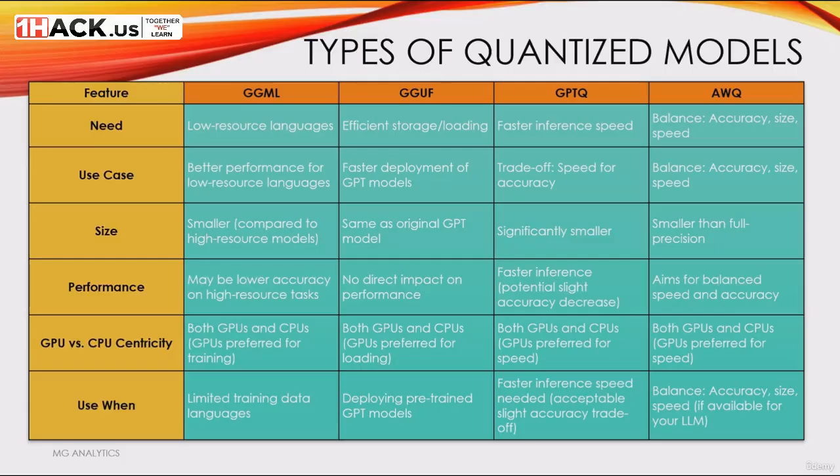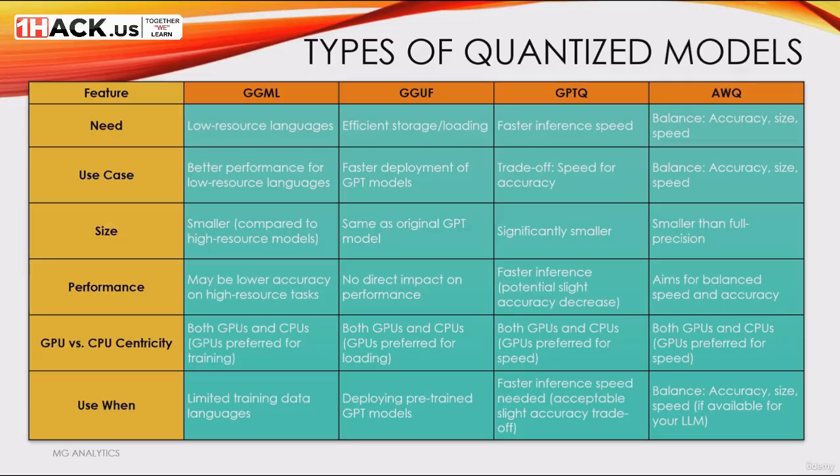Why do we need it? It is designed for efficient training and use with low resource languages, basically where we have fewer training data examples available. It is capable of being trained on a smaller data set, and primarily it is used for tasks which involve languages with limited training data, which allows for better performance compared to applying large models to such languages.